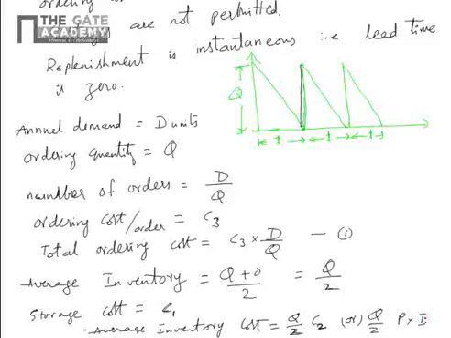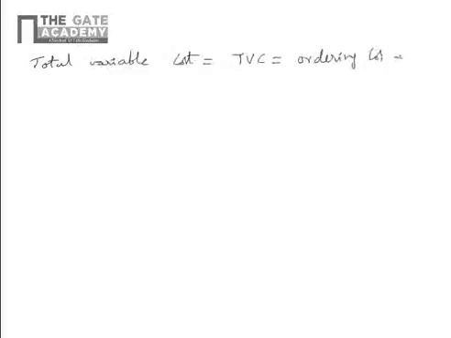So total variable cost, because we have not considered the shortages, so that's why shortage cost will be 0. So total variable cost TVC equal to ordering cost plus inventory carrying cost.